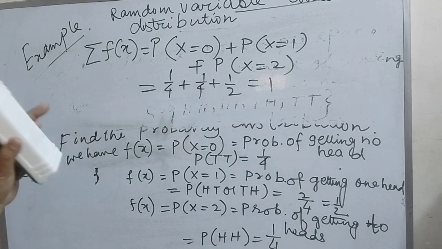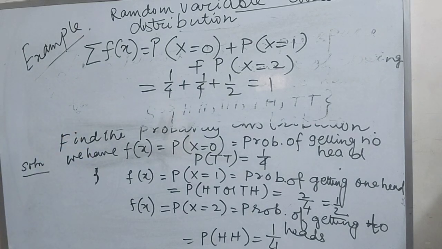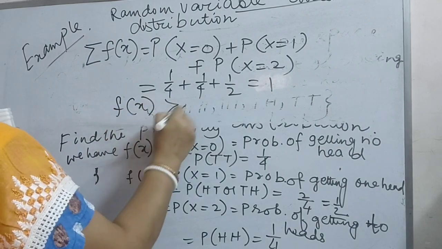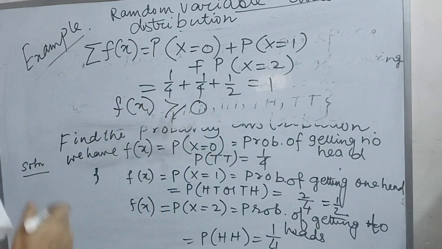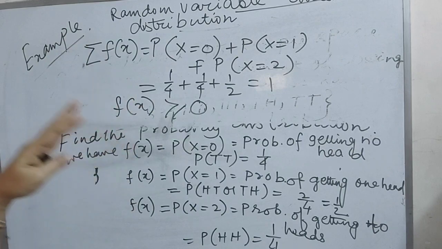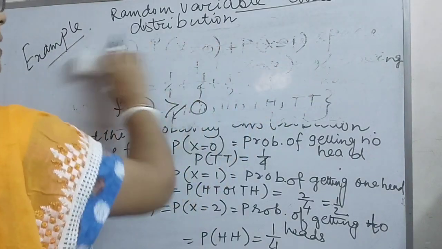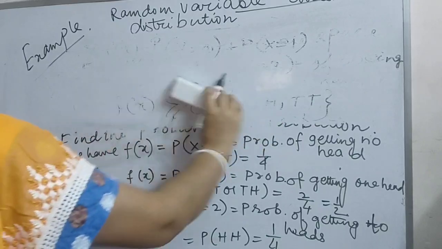So the second condition is satisfied, and here f(x) is always greater than or equal to 0. So both conditions are satisfied for the probability distribution.